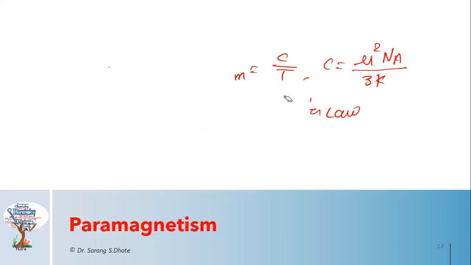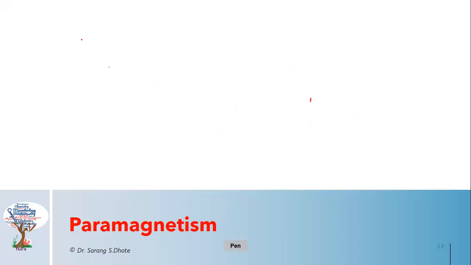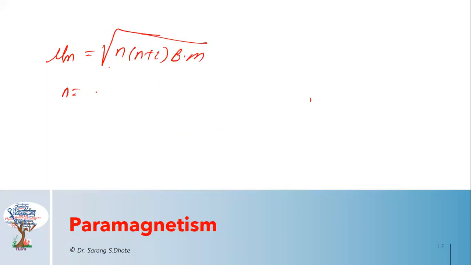Next, we are going to discuss the magnetic moment for paramagnetic substances, how it can be calculated. The magnetic moment, that is mu, is given by the square root of n into n plus 2 Bohr magneton, where n is equal to the number of unpaired electrons.